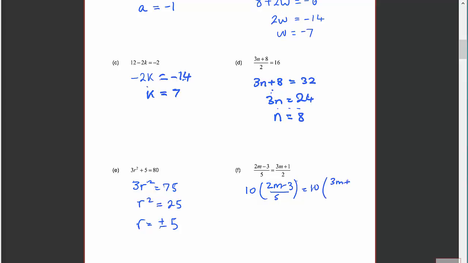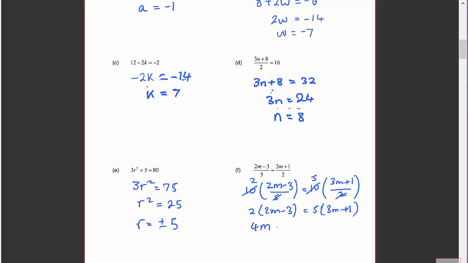So 3m plus 1 divided by 2. Now the 10 and the 5 cancel here to give me 2. The 10 and the 2 cancel to give me 5. So what I have is 2m minus 3 is equal to 5, 3m plus 1.